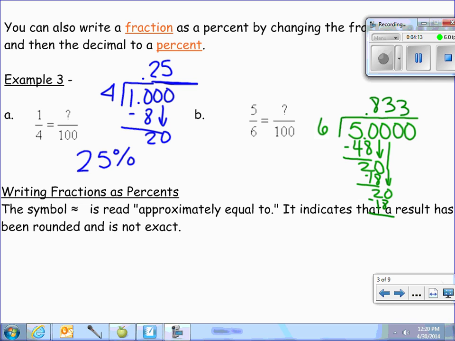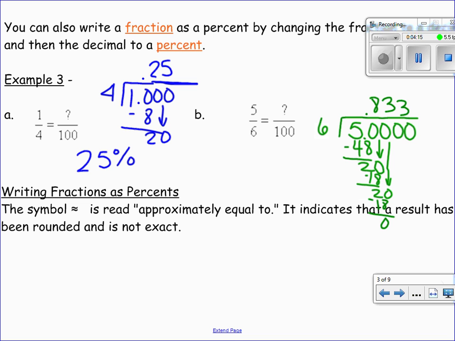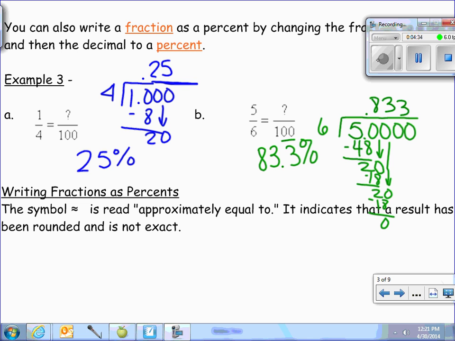So you'll see in this example that 5 out of 6, when divided, you notice that the 3 repeats. So we are going to write that as 83.3% with a bar notation over the 3. Okay, notice writing fractions as percent.